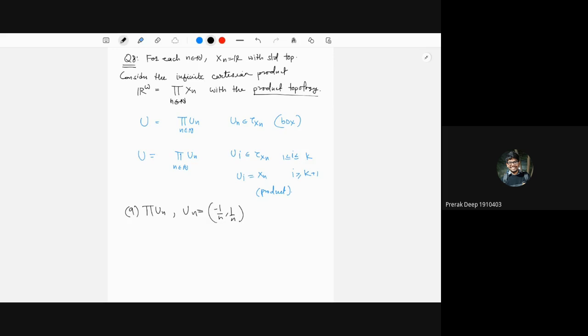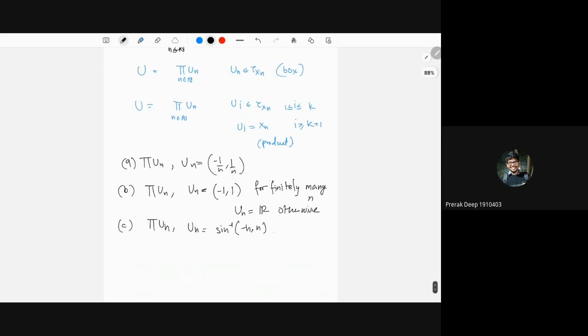Option B will be the product of Un with this interval, but only for finitely many n's, and the rest of them are R. The third, option C, is the product of Un, where Un is nothing but the pre-image under sine of minus n to n.